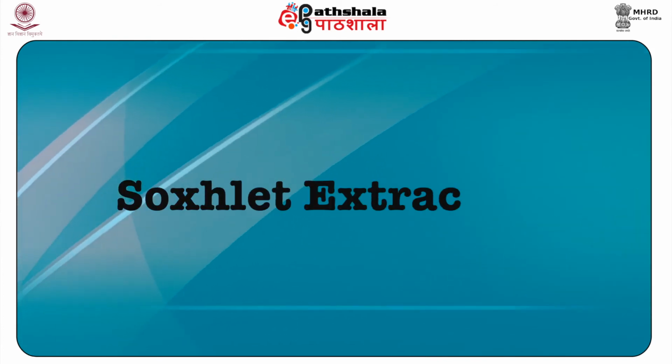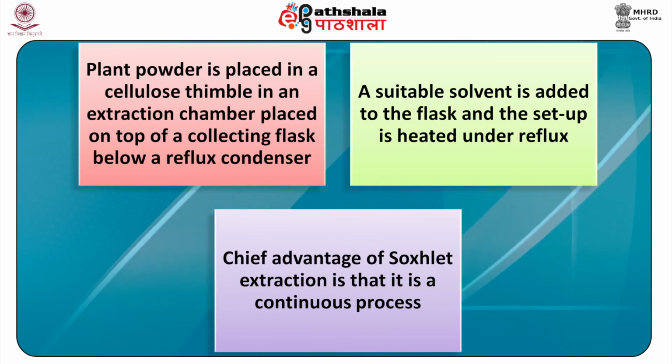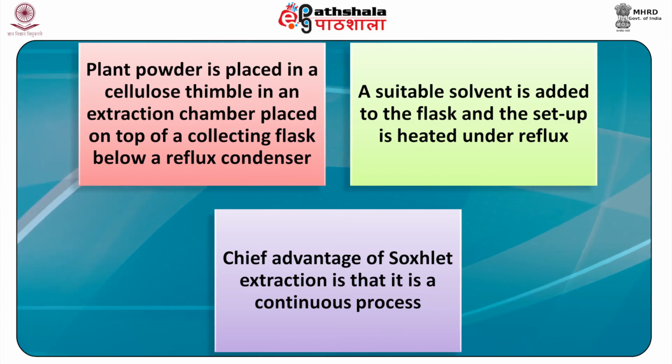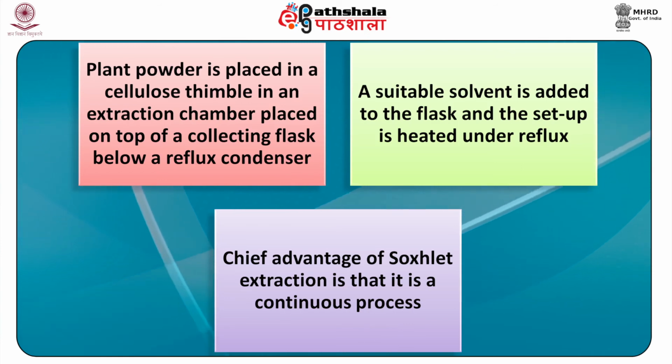Next is Soxhlet extraction. This method is appropriate for both preliminary and the majority extraction. The plant powder is placed in a cellulose thimble in an extraction chamber, which is placed on top of a collecting flask below a reflux condenser.